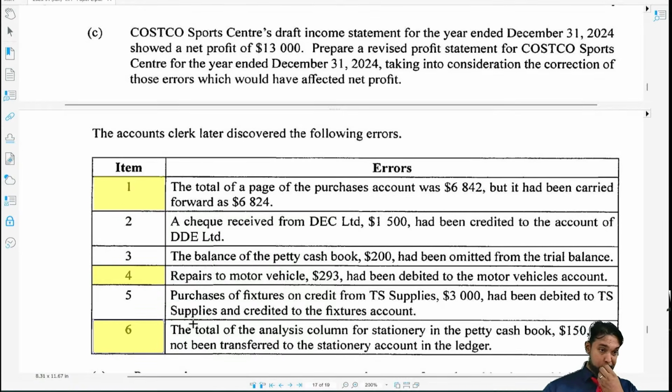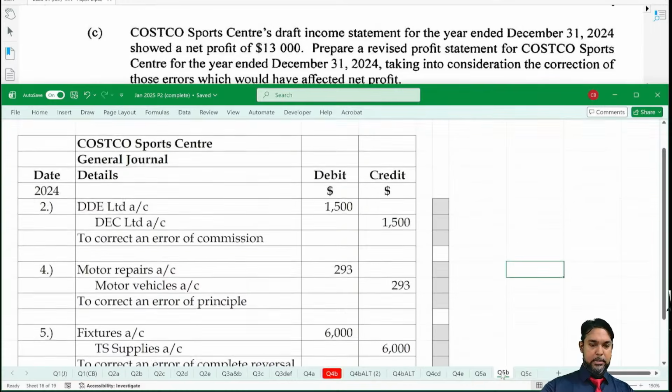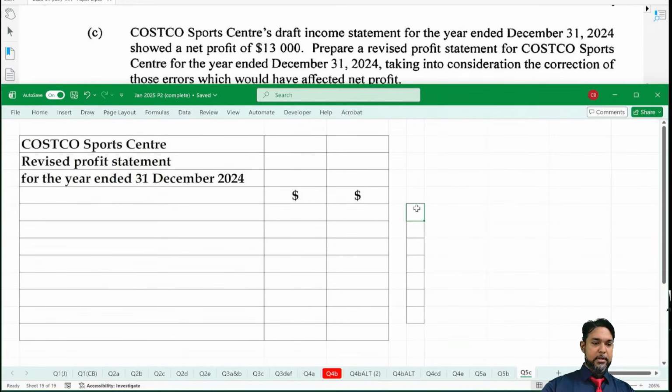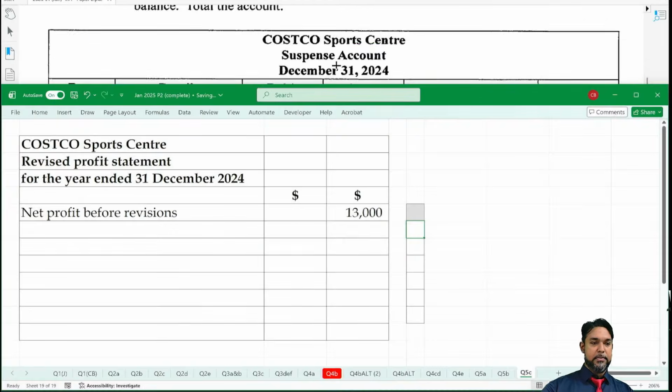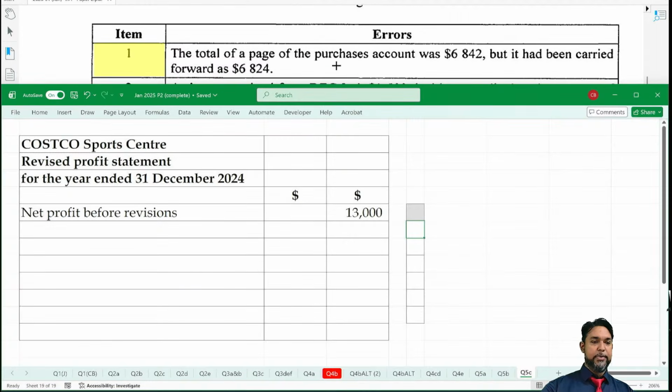Okay. Right. So 13,000 was the net profit before revision. So we're going to go back up and take a look at those errors. So the total of a page from the purchases account was carried forward short 18.